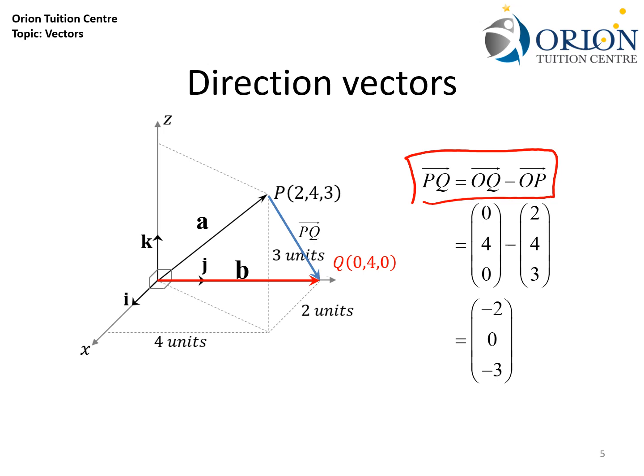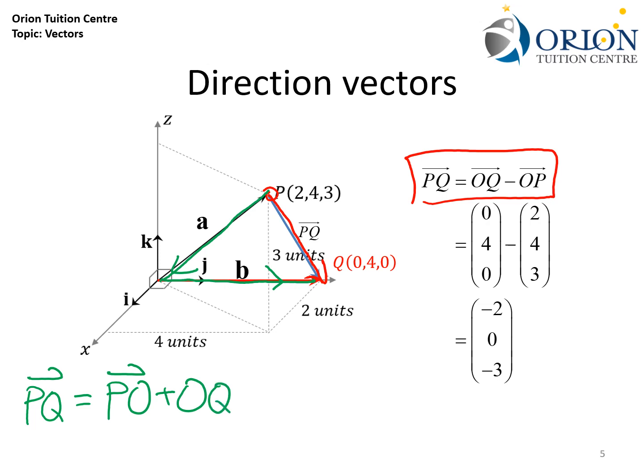And how it is derived is very simple. If we look at the geometry over here, to bring us from point P to point Q, we can take a detour to move from point P to point O, and subsequently from point O to point Q. Therefore, we can write PQ as PO plus OQ.